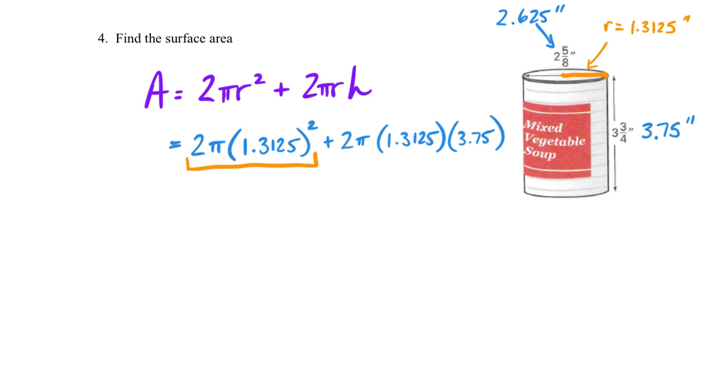Okay, that means that we've got to follow BEDMAS within that first term. So you are going to take 1.3125 and square it, then multiply it by 2 and multiply it by our pi approximate. Now, that's going to cause two rounding issues. Number one, we've already subbed in an approximate for pi.